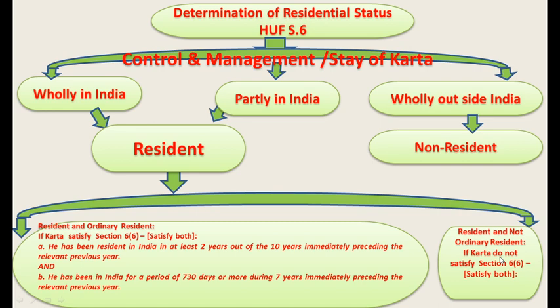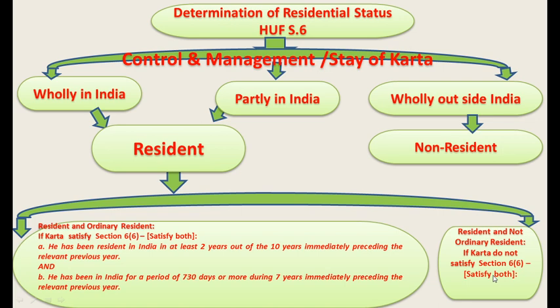Then the second category is resident but not ordinary resident. When any Hindu undivided family comes under either wholly in India or partly in India, it will be considered a resident. But it will be resident and not ordinary resident if the karta does not satisfy both conditions.